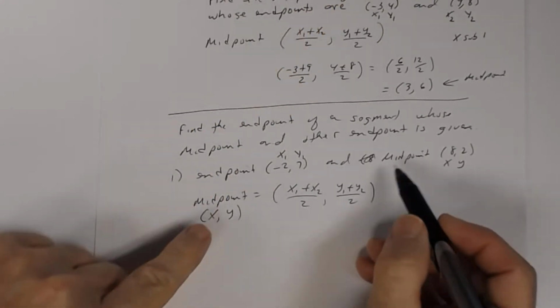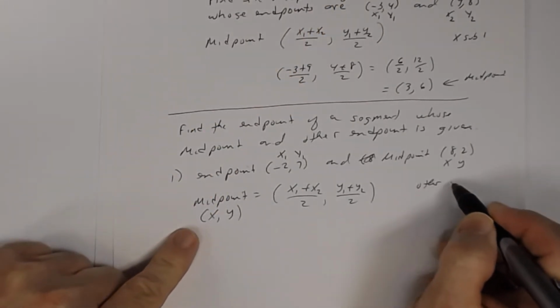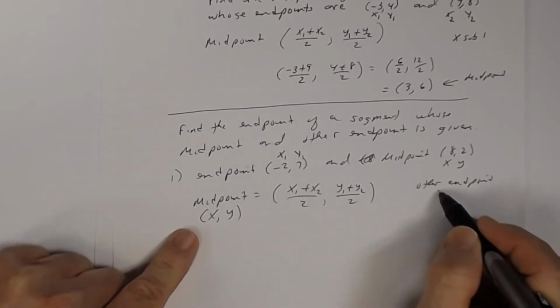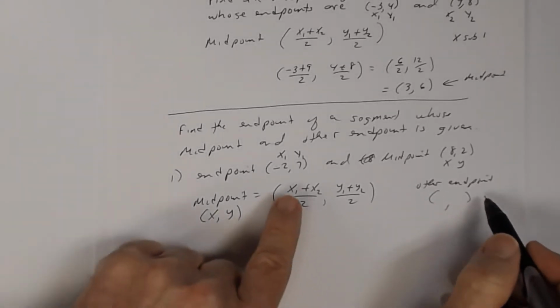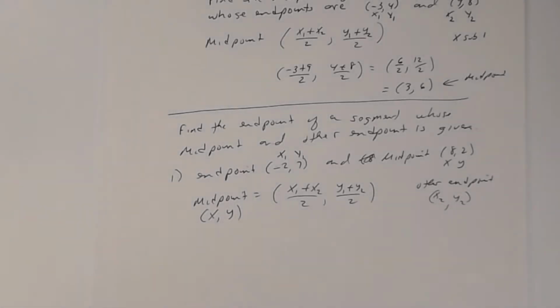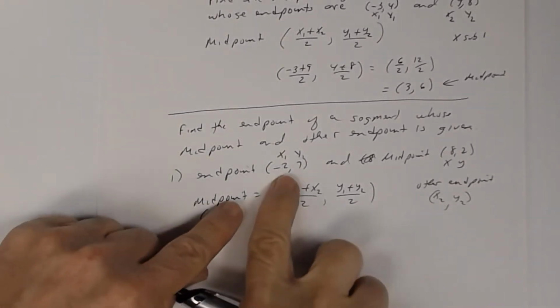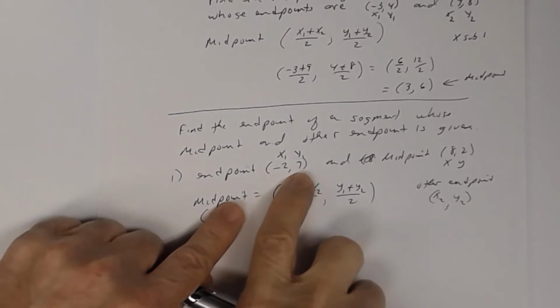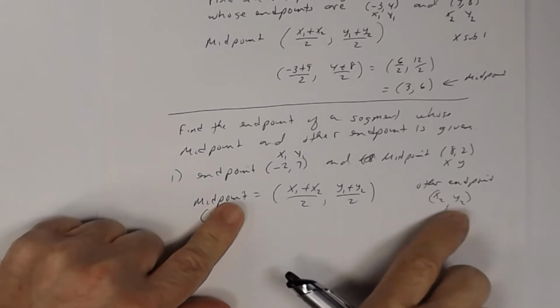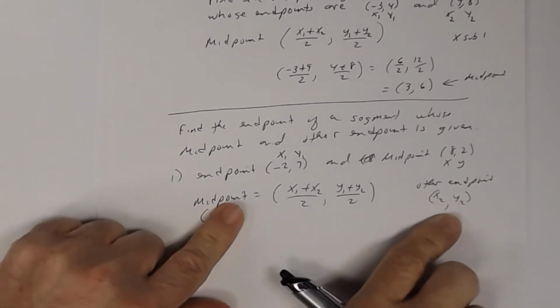I'm trying to find the other endpoint, right? So I would denote that using x2, y2. So I'm given x1, y1, I'm given the midpoint (x, y), and I have to find x2, y2, the second endpoint.